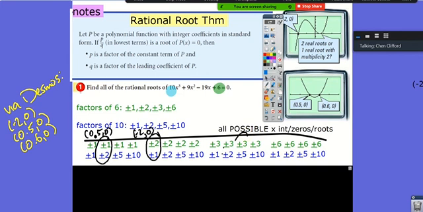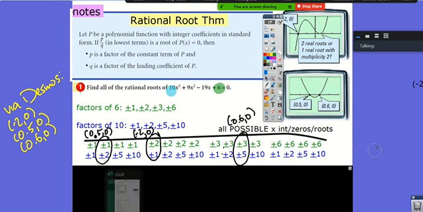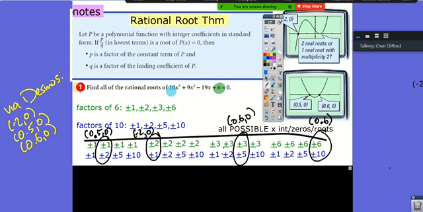Here's the 0.6. Is there any other 0.6s? Is there any other point? Yep, there's a 0.6 right over here. 0.6, 0. All right, and that pretty much is the gist of this lesson.